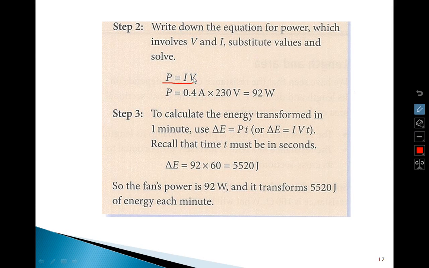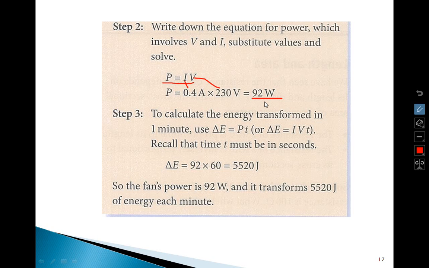P is equal to V times I, which is 0.4 ampere times 230. The final result is 92 watts. So the value of power here is equal to 92 watts.